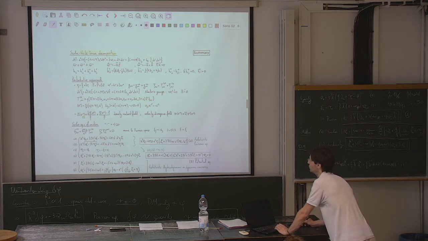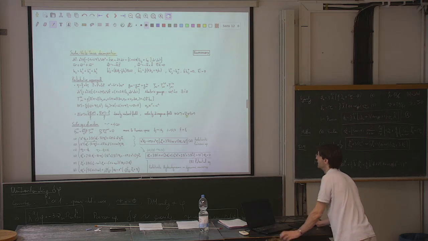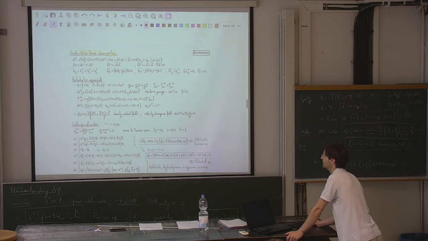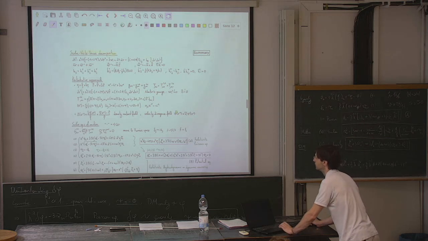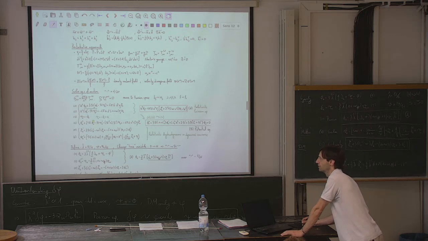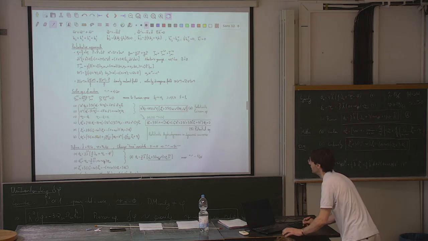Then we introduced new quantities, the density contrast for the fluctuations and the divergence of the velocity field, such that we have a scalar field to track. We linearized our equations of motion, so we linearized the Einstein field equations, these four here. We linearized the conservation laws for the matter components that give us the continuity equation and the Euler equation.